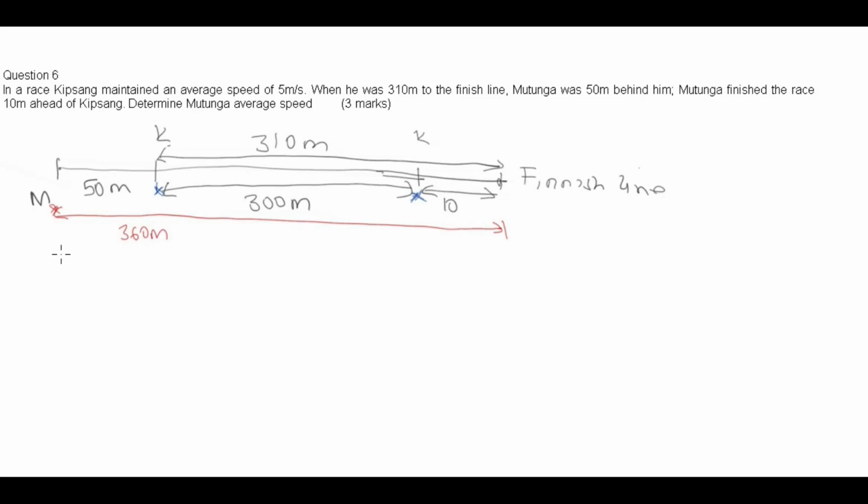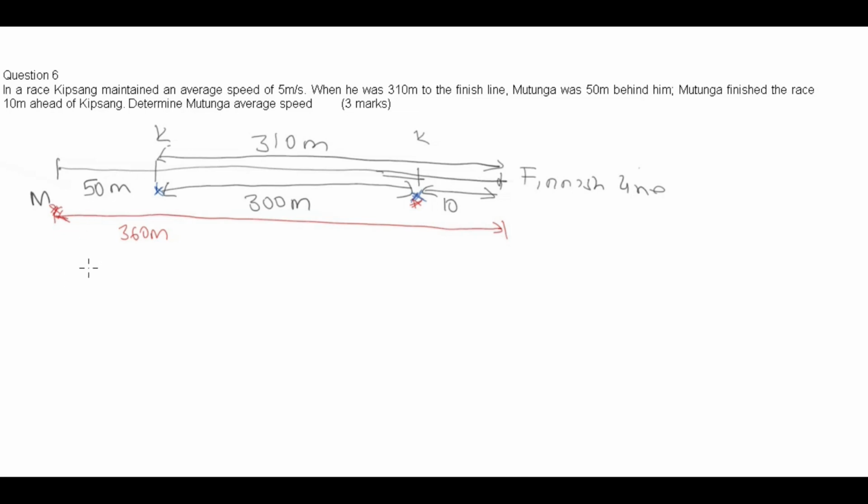Time taken for Kcse to move from 310 meters to the finish line up to here is the time taken for Mutunga to move from here, 50 meters behind Kcse, all the way to the finish line. Okay, so that will be our basis for this question.